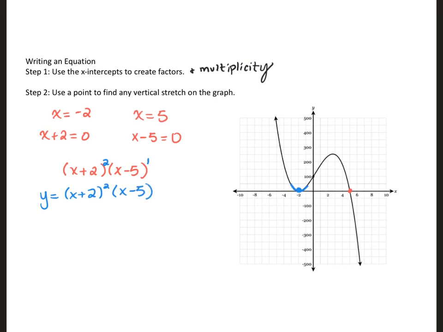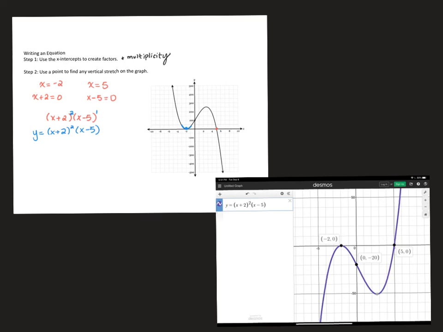Now, I'm going to check my work by graphing this function, and this is not going to be quite the right graph, and we're going to talk about how we can fix this by using a vertical stretch. The reason why I wanted to check the graph is that I have created the right x-intercepts, so I do have a turning motion here at -2, and I do have a crossing at 5.